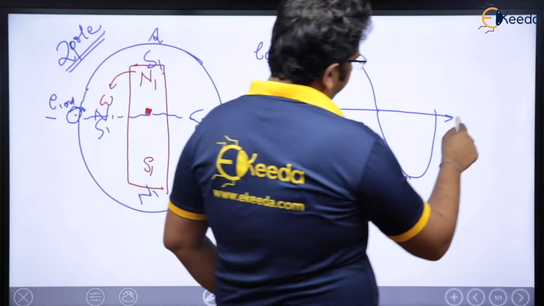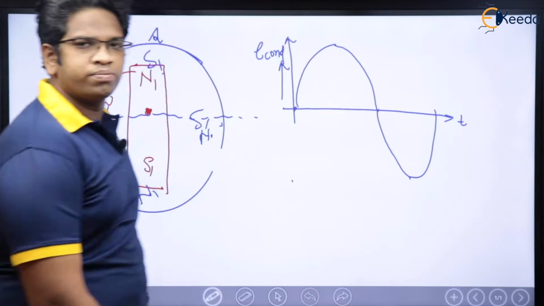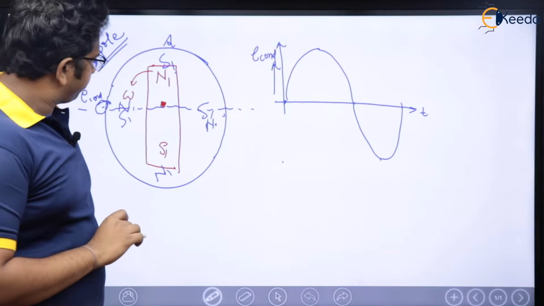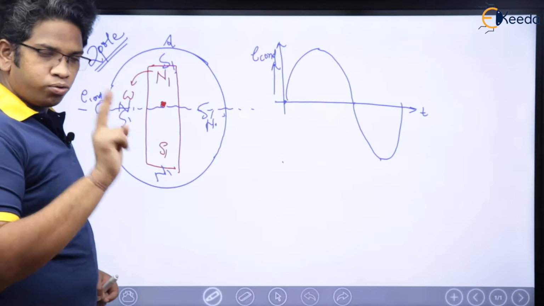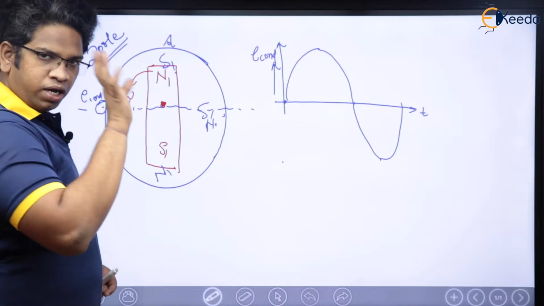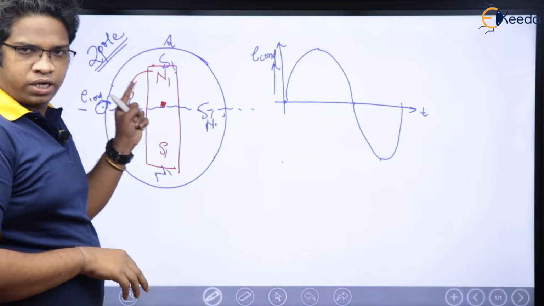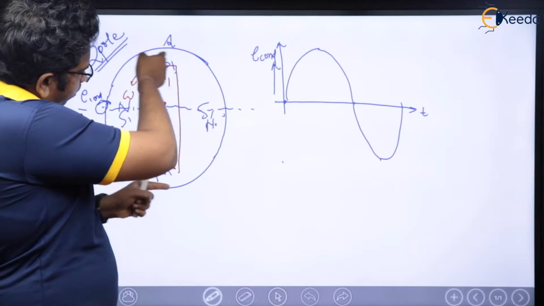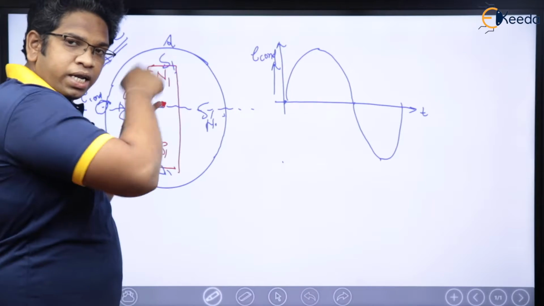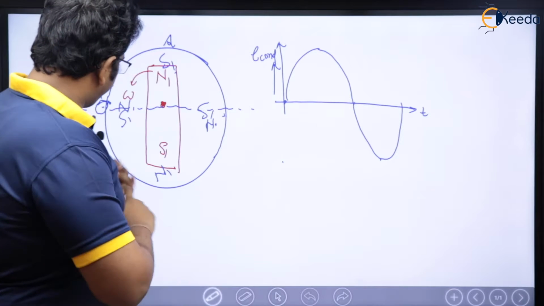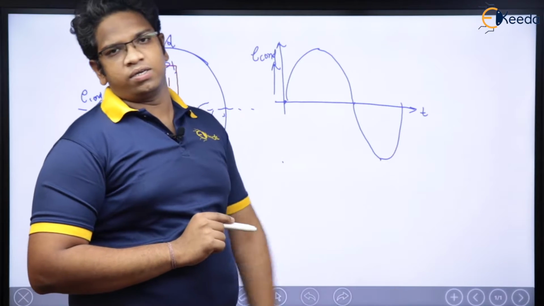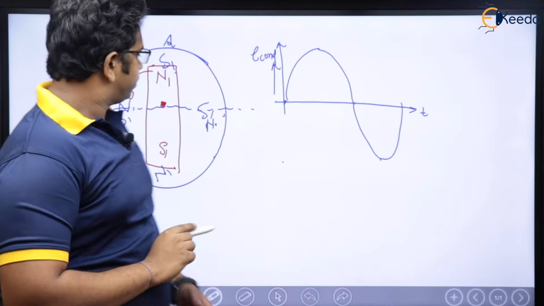This is one cycle produced electrically, right? See here, one more time. When I have a two-pole structure and these two poles complete one revolution mechanically, induced EMF in this conductor completes one cycle. Getting my point, right?